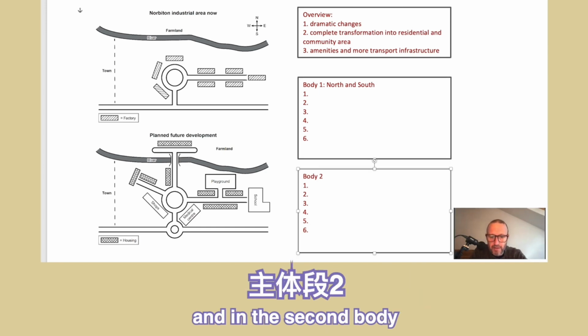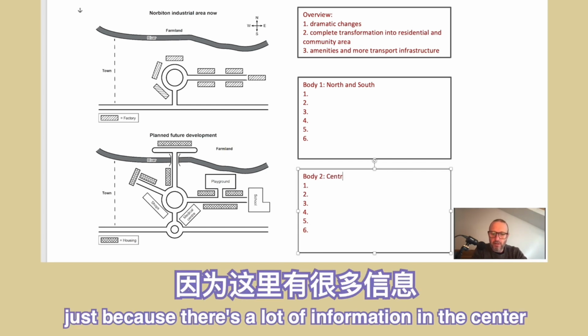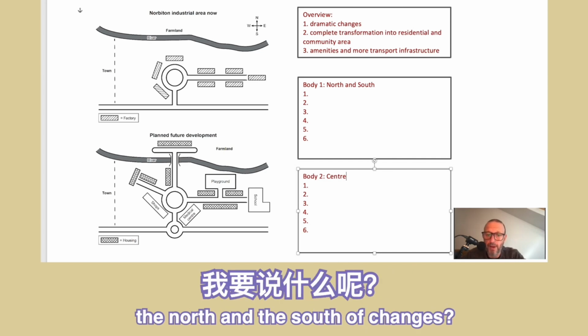And in the second body, I'm going to look at the center of the area. Just because there's a lot of information in the center and it's hard to sort of divide in the middle.